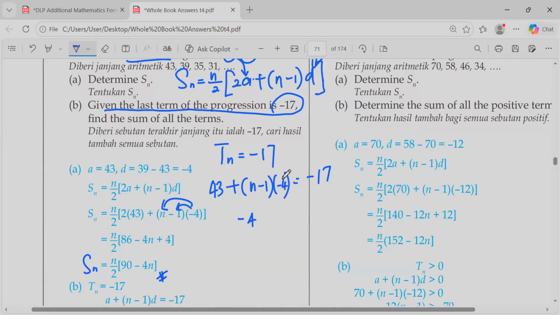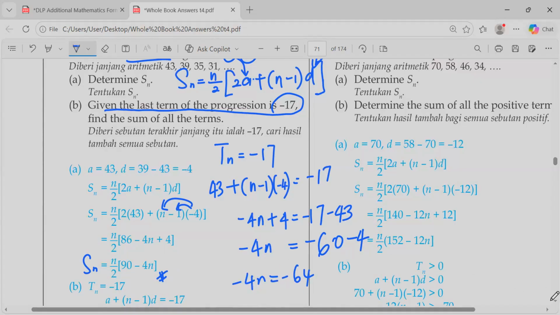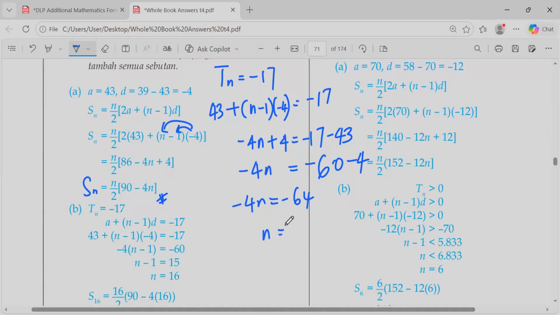Then -4 times n, I get -4n. -1 times -4, I get +4. -17 minus 43, I get -60, so +4 becomes -4. I get -64. Divided by -4, I get 16.